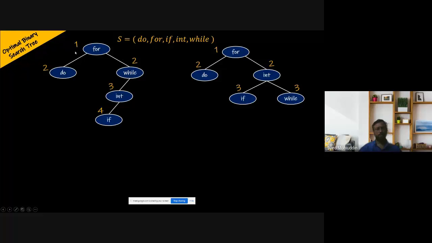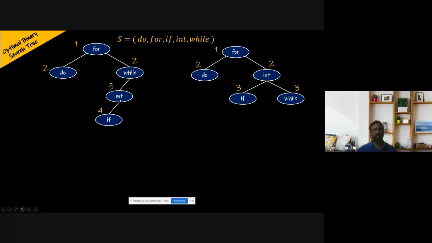The numbers above or beside the nodes are nothing but the number of comparisons needed for a successful search of each element in this binary search tree. For while we need 2 comparisons, that is to compare for and then while, the right child.